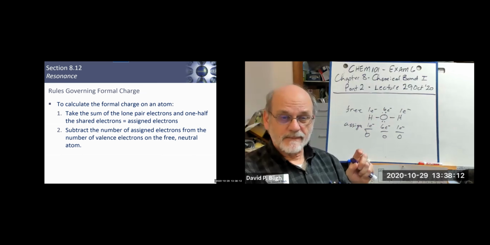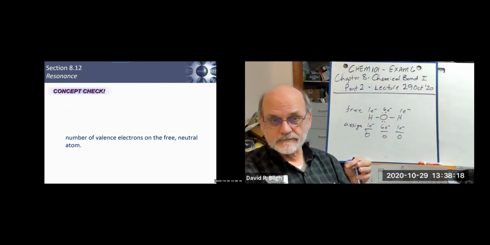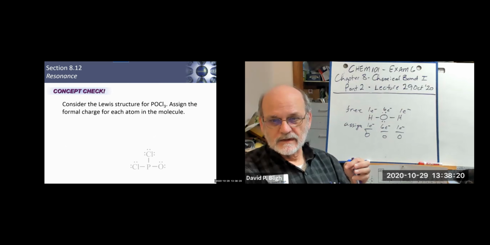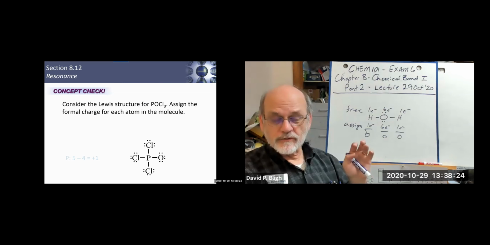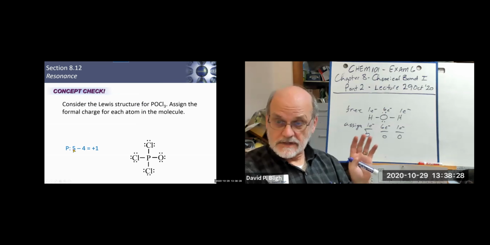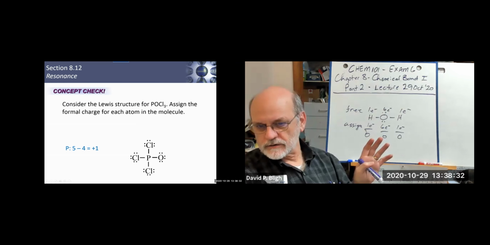Okay, so these are just reminders, the rules for determining formal charge. If we took this example, we would find that phosphorus has 5 to start with as a free atom, but now it only has 4. 1, 2, 3, 4 right there.